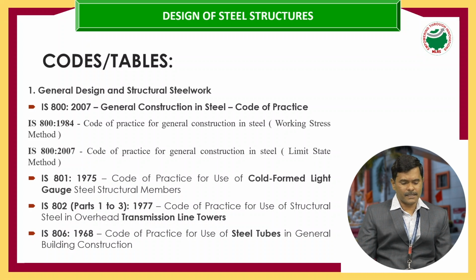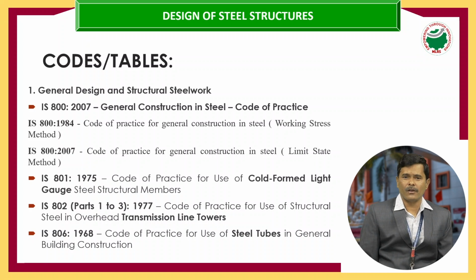First one, general design and structural steel work. IS 800-1984, Code of Practice for General Construction in Steel, Working Stress Method. IS 800-2007, Code of Practice for General Construction in Steel, Limit State Method. Here you can see the working stress method is uneconomical.